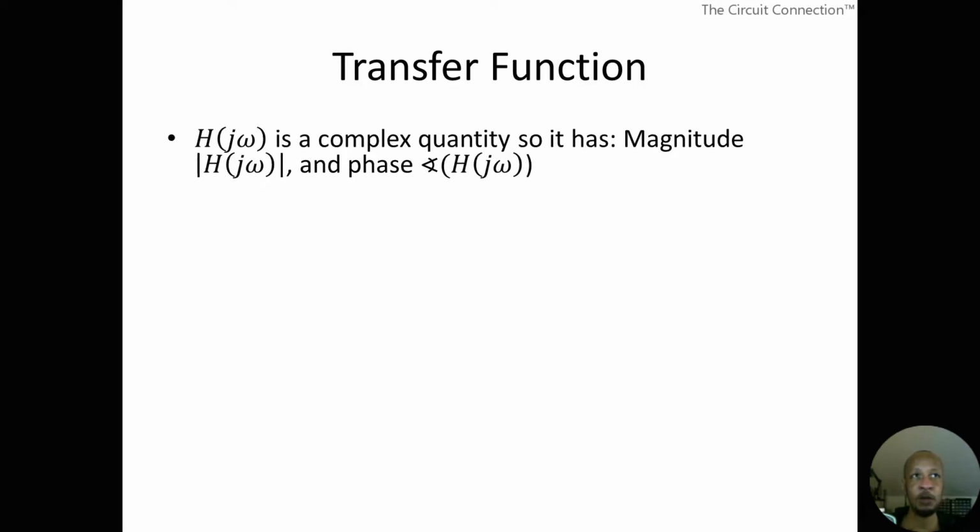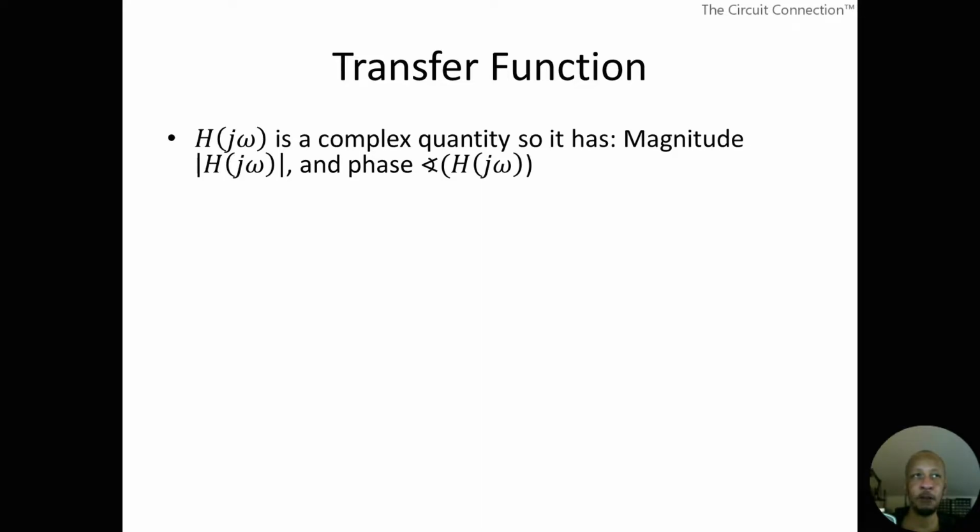H of JW is a complex quantity, so it has magnitude and it has phase. All complex quantities, whether they're in rectangular form, polar form, or exponential form, have information for magnitude and phase. It's just that when it's in phasor form, which is a polar form, it's easier to see and easier to work with. It's more intuitive.